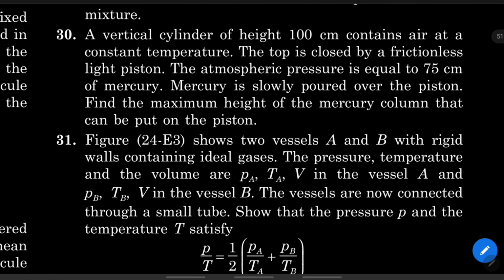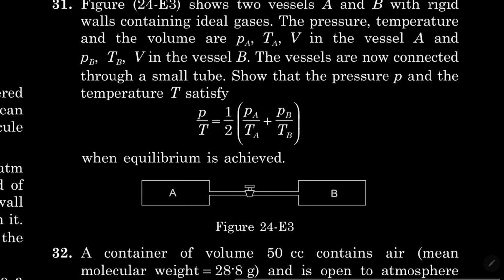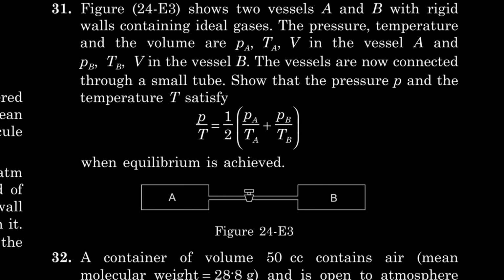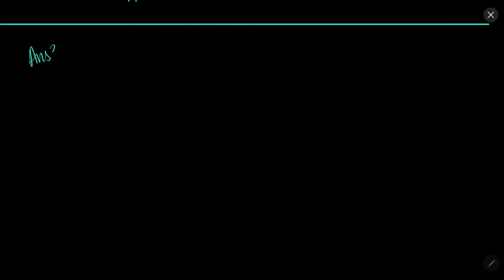In question 31 we have been given this figure. Two vessels A and B with rigid walls containing ideal gas are given. So show that the pressure and temperature satisfy the following equation. So this is solution 31.